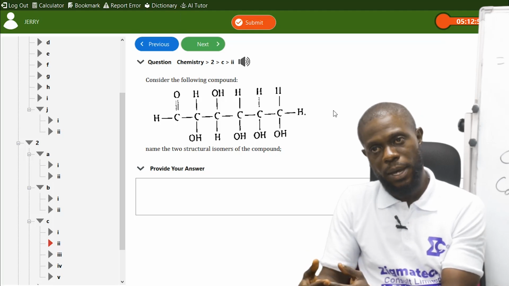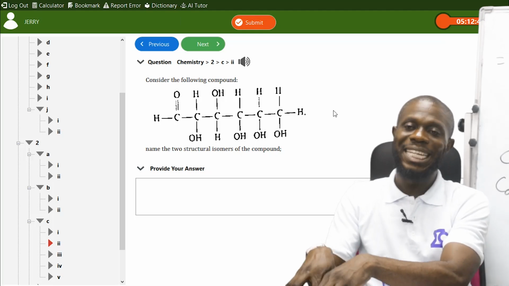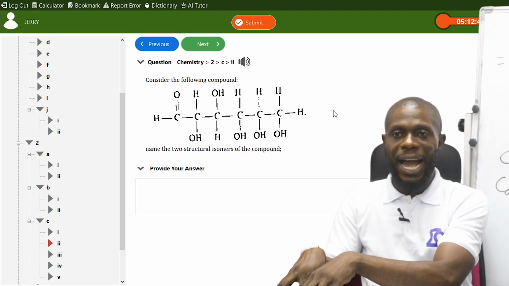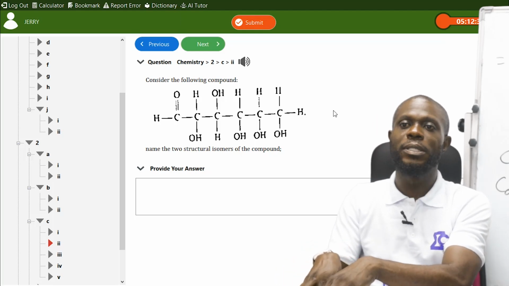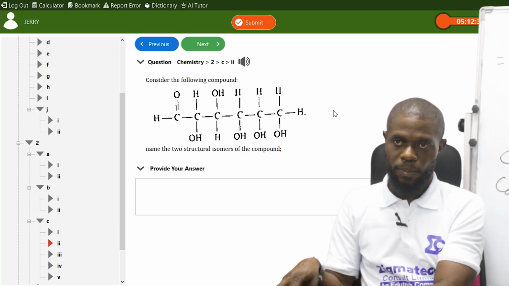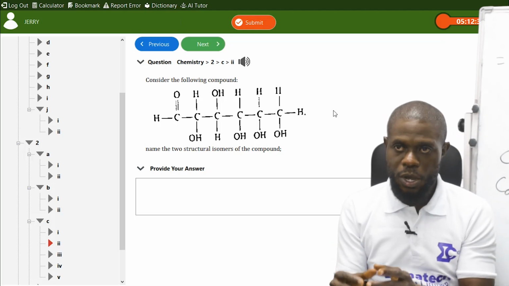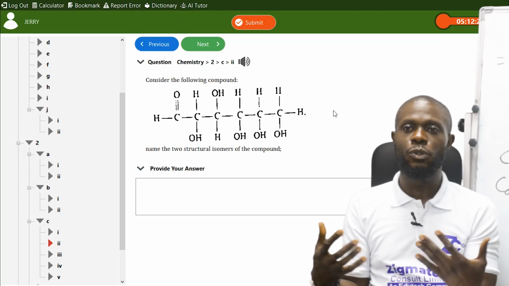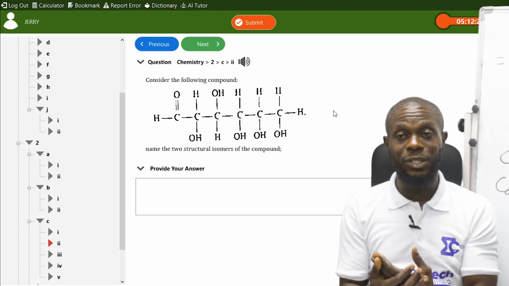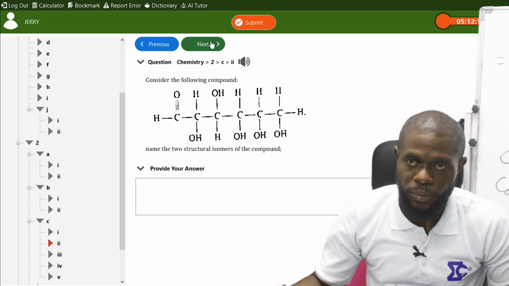If glucose comes from the monosaccharide family, then the isomers must come from the monosaccharide family for them to have similar molecular formula. And monosaccharides are glucose, fructose, and galactose. So the two structural isomers of the compound will be fructose and galactose.